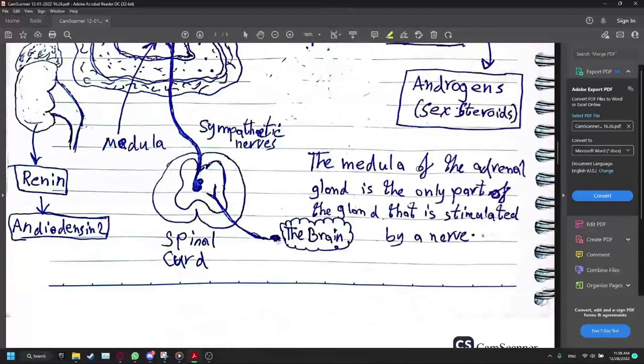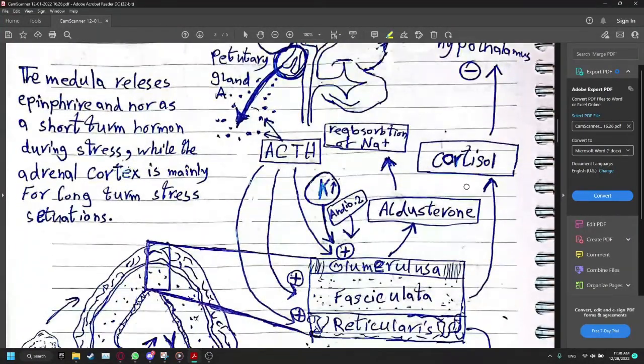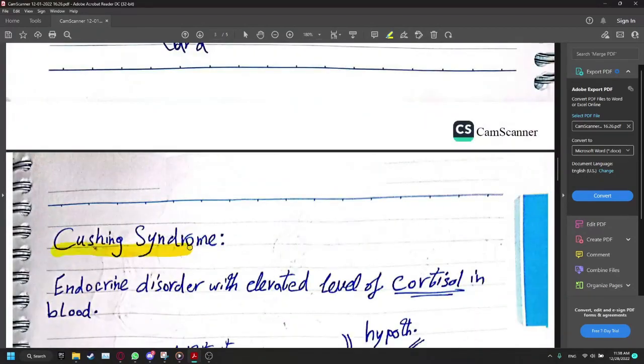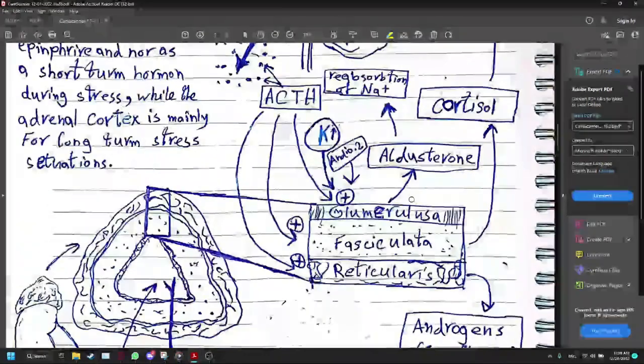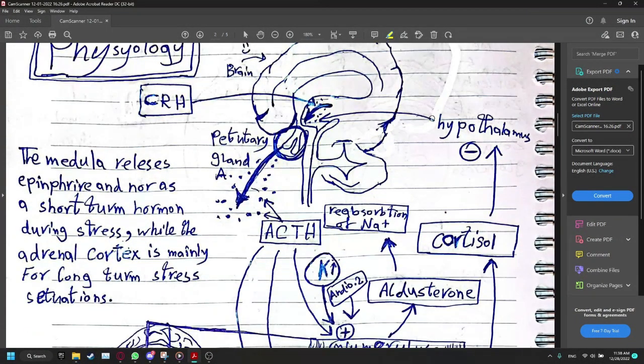Why is that? Because you don't want high levels of cortisol. This is literally like Cushing syndrome here. So what your body does is manage these levels: the free cortisol travels to the hypothalamus and stimulates it, making a negative feedback.